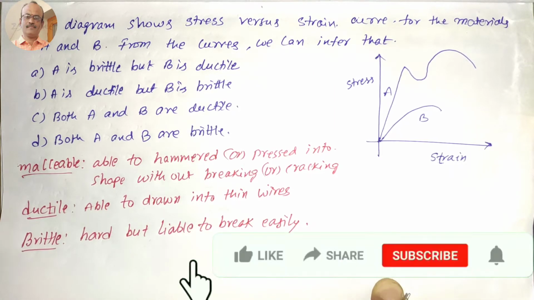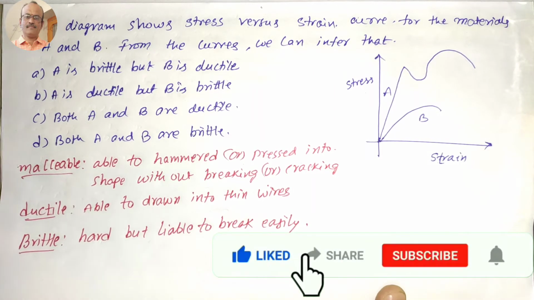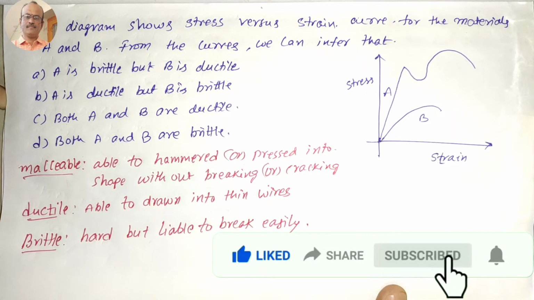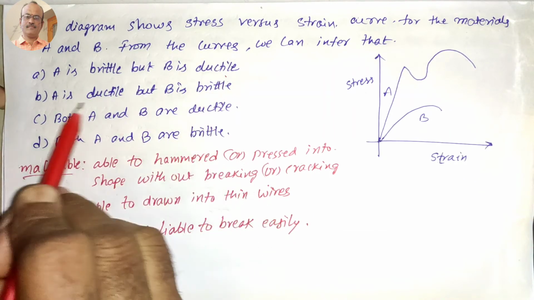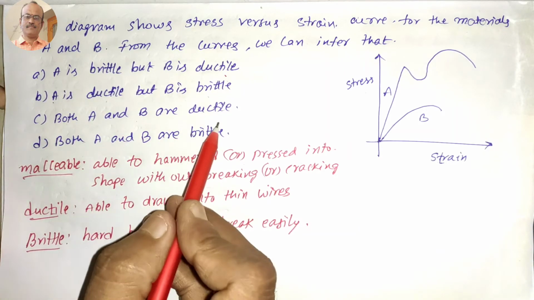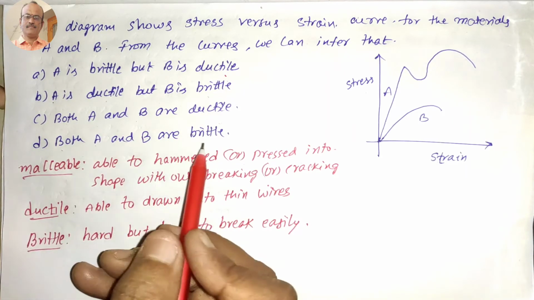Now question number 25. The diagram shows a stress versus strain curve for the materials A and B. From the curves we can infer that: A is brittle but B is ductile; A is ductile but B is brittle; both A and B are ductile; or both A and B are brittle.